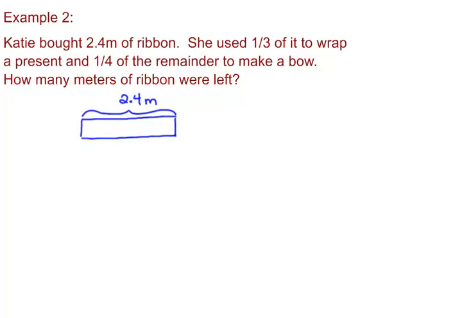And first she used 1/3 of it to wrap a present. So we're going to just put the word wrap here. And she divided it up into thirds and she used 1/3 of it. Okay, so then really what we care about is what remains. So I'm going to redraw that.